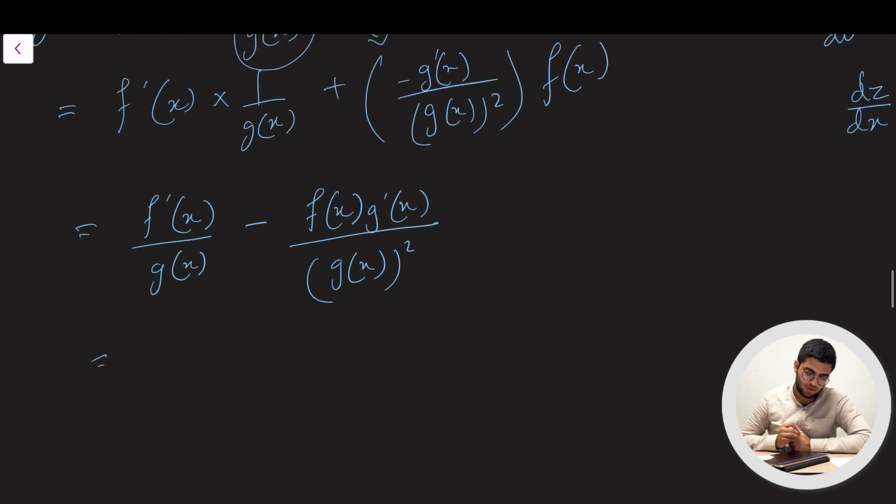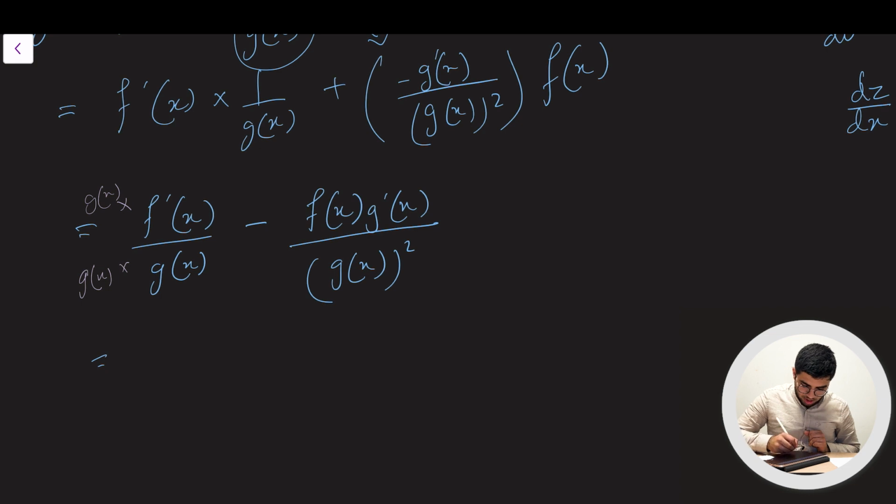Now what I can do is, we have two fractions, and to deal with fractions we need to first get a common denominator, right? I can do that by multiplying the numerator and denominator here by g of x.